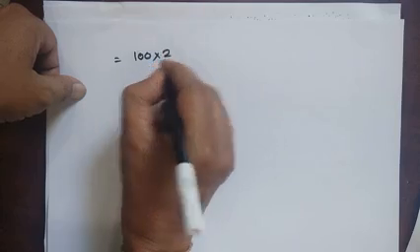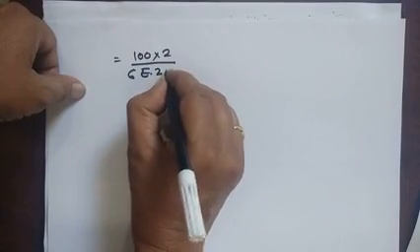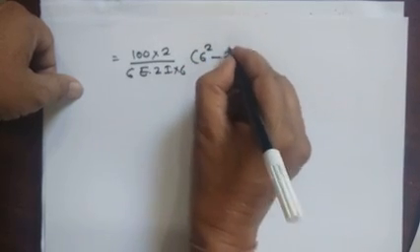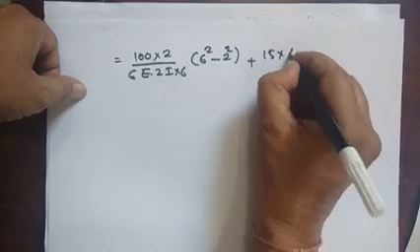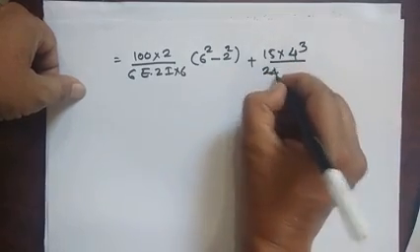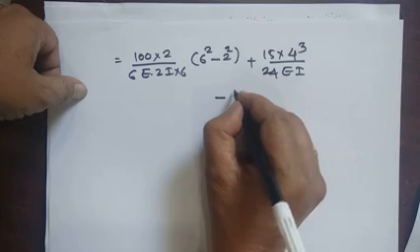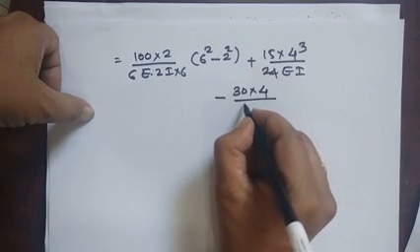So now we are putting this value into this equation. So what is happening here? 100 into 2 divided by 6EI, I is equal to 2I, into L into L square minus A square, then plus W L cube divided by 24EI, here I is equal to I, then minus ML by 6EI, M is equal to 30 into 4 divided by 6EI.